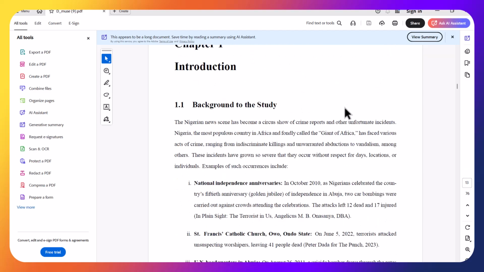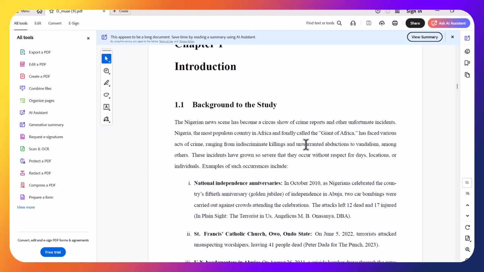Introduction is basically the background of study. The introduction section contains the background of study, which is the beginning of your research, talking about the inspiration behind your research, where you took the inspiration from. And you can see in this particular section, it wrote, the Nigerian news scene has become a circus show of crime reports and other unfortunate incidents.